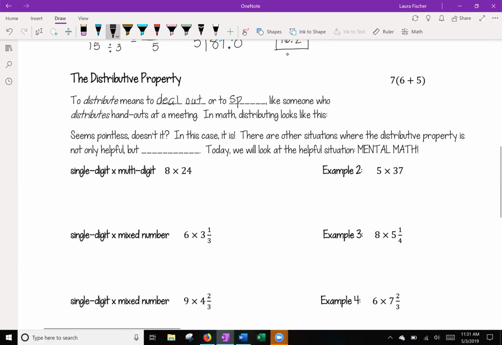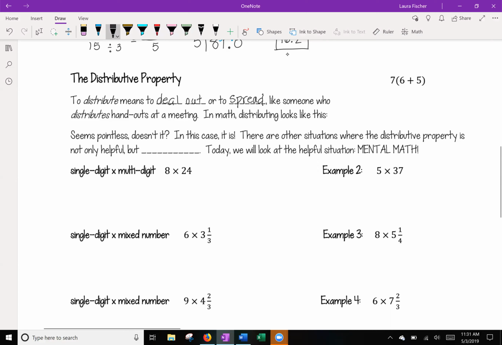You could distribute seeds. The old-fashioned way where the farmer's walking around with a bag of seed and he's just scattering them. Okay, so distribute means to deal out or spread, like someone who's distributing handouts at a meeting. In math, distributing looks like this. We've got the example up here.